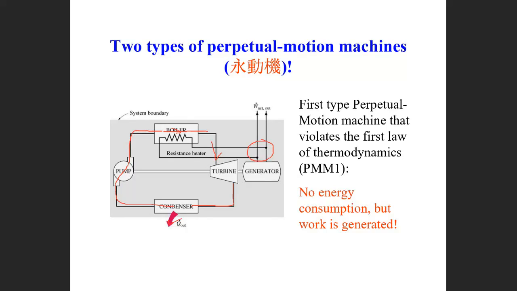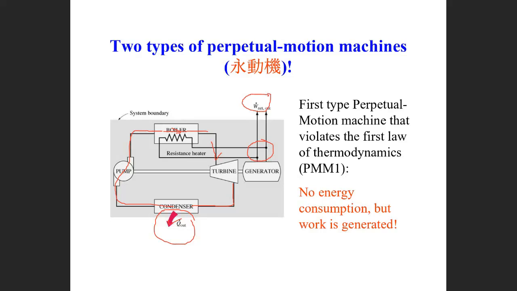So for the system, there is only work output, only heat flow. In fact, this violates the first law of thermodynamics, because our heat engine cannot create energy.